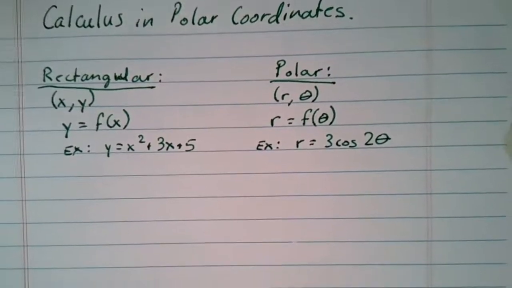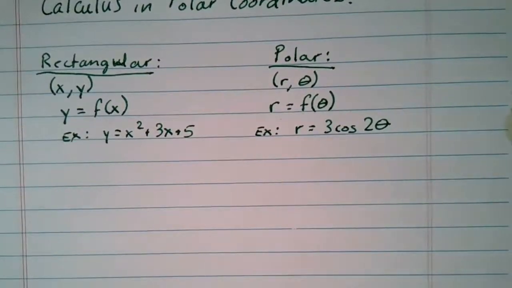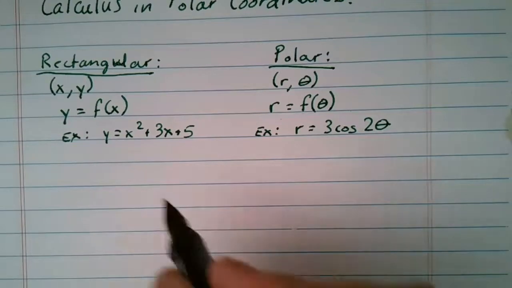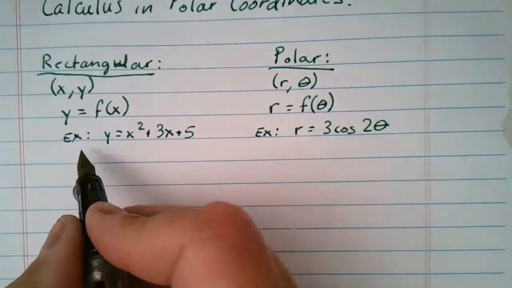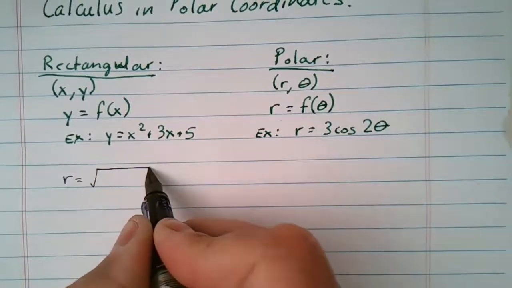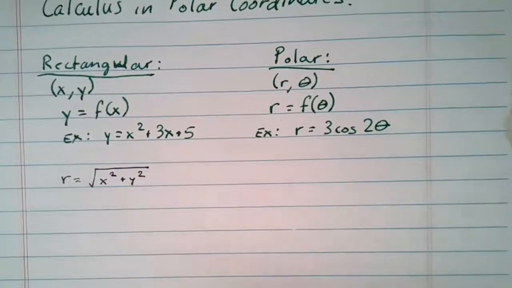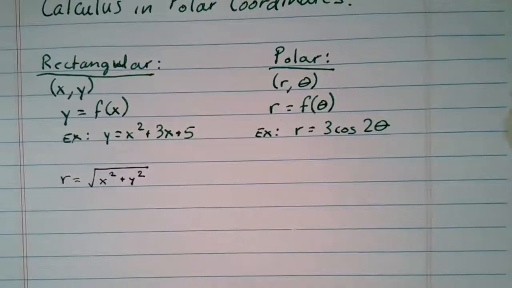Now, what we would like to do is make a couple of definitions. The first thing I'm going to start with is a reminder to convert from rectangular to polar and polar to rectangular. If you are given a rectangular coordinate, r will always be the square root of x squared plus y squared, and that's just Pythagorean's theorem.